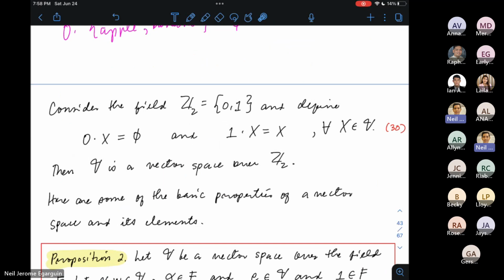Pag kahit anong set, i-multiply ko ng 0, ang sagot laging empty set. Tapos yung isa pang posibleng scalar multiplication, 1 times the set, ang laging sagot ay yung set pa rin na yun.